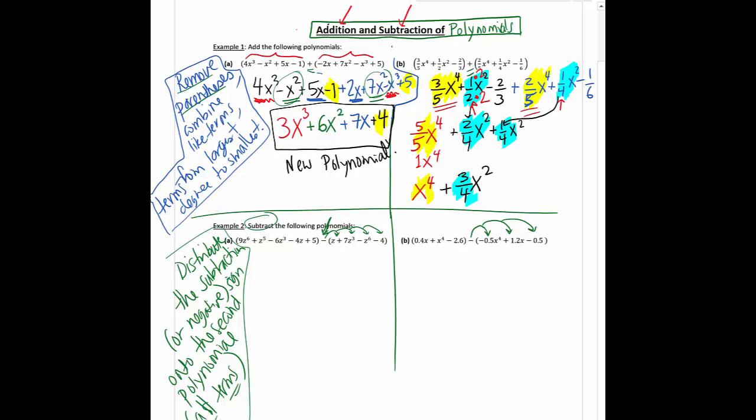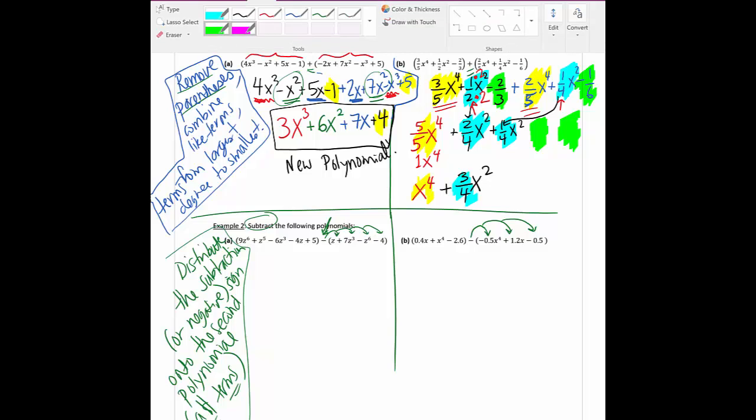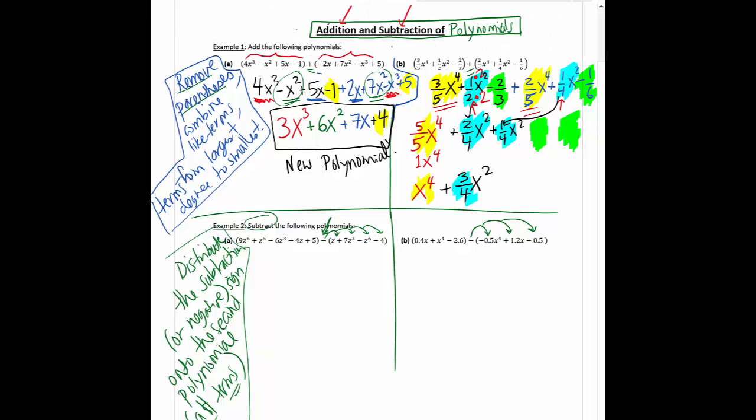Alright, then the last thing that we have not added yet are these constants. -2/3 and -1/6. And I have a feeling I'm going to have to find a common denominator again, because those guys do not have the same denominator. So, okay, the denominators are 3 and 6. Well, the common denominator between 3 and 6 would be 6. I'll have to multiply the first fraction by 2 over 2. Then what'll he become?